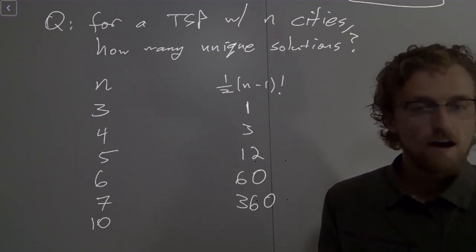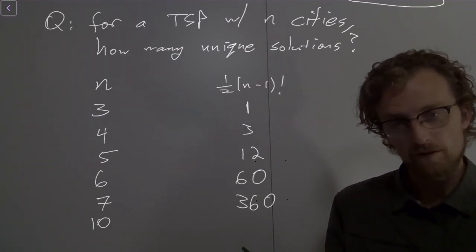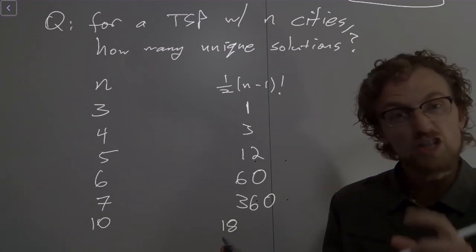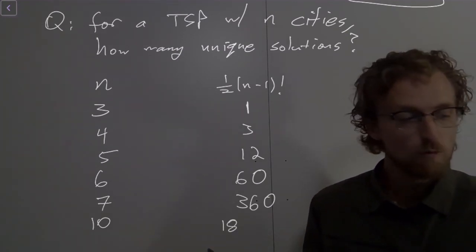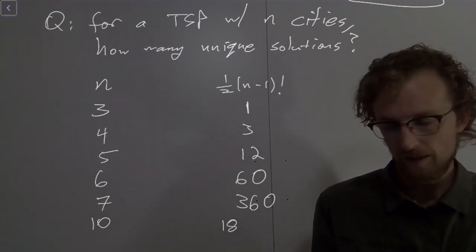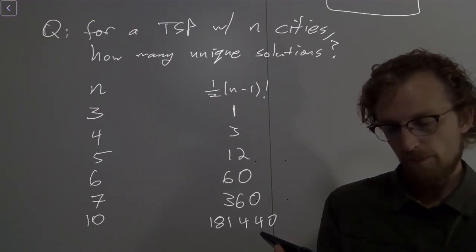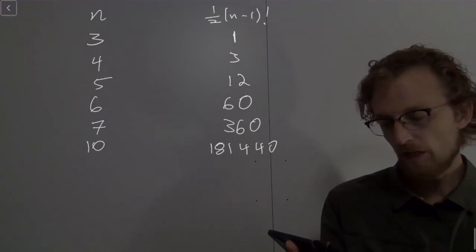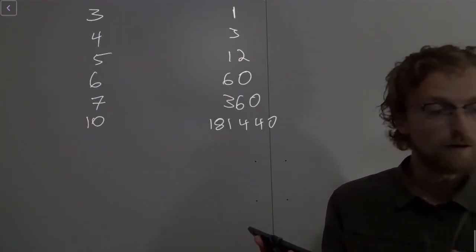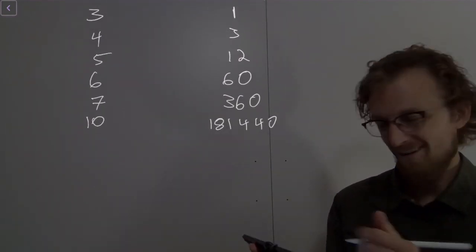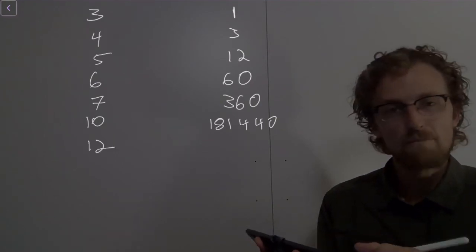So with 10, I have 181,000 tours with just 10 cities, right? There's 181,440 ways of visiting those cities. Suppose I jump up to 12, right? 10 to 12. This is not a big jump.